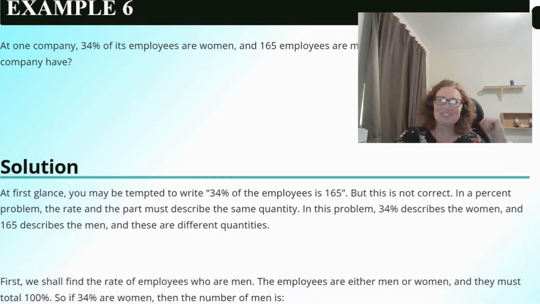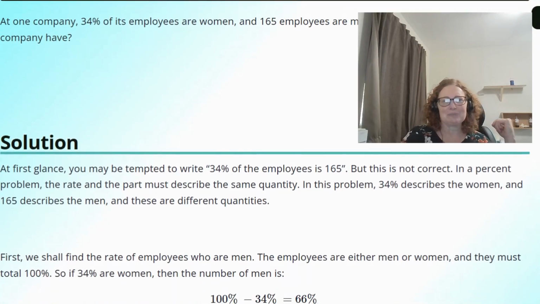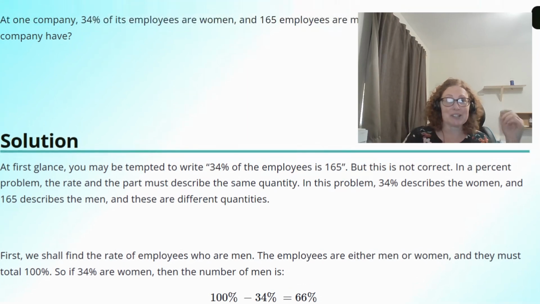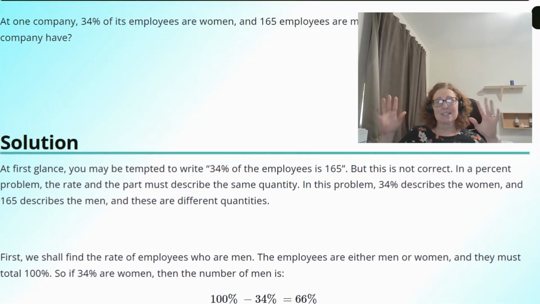Here's another one. This one could be a little bit difficult if we don't think about it, right? So you have to look at what it's asking. So it's saying at one company, 34% of its employees are women and 165 employees are men. How many employees does the company have? So it's not given in the same form, is it?